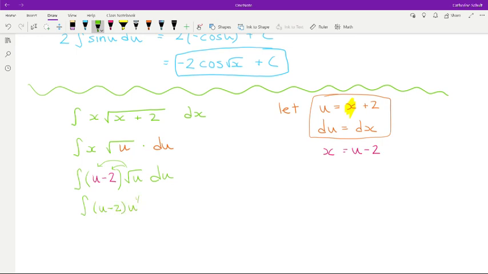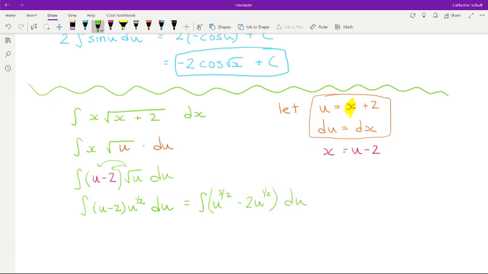That's one way of figuring out what technique to use: we can just straight up multiply, we don't have to do anything fancy. So u times u to the 1/2, you can add the exponents. That's not so bad.